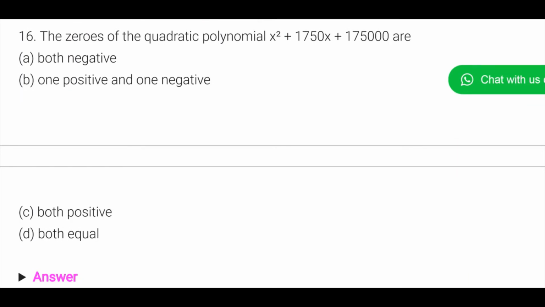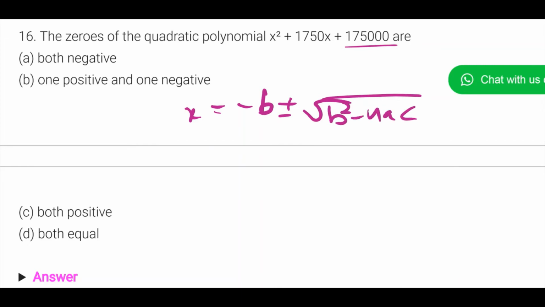16th question. The zeros of the polynomial x square plus 1750x plus 175000 are. We'll apply the quadratic formula here. x equals minus b plus or minus root of b square minus 4ac, by 2a.